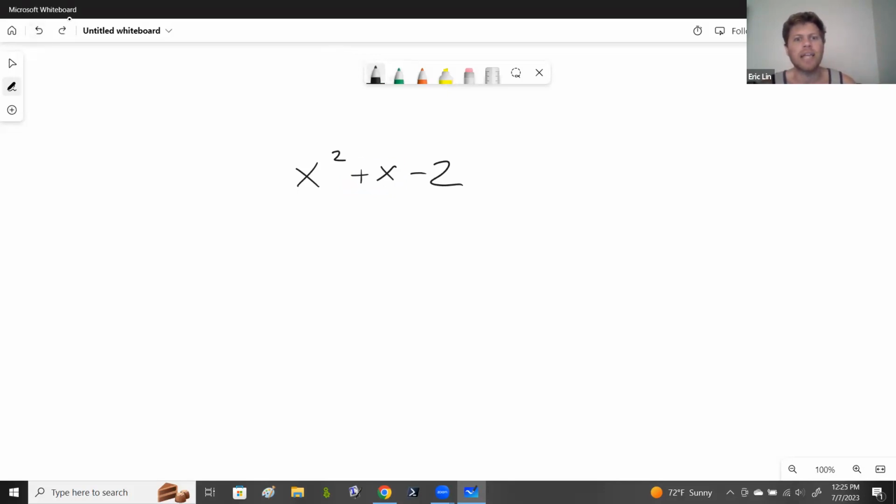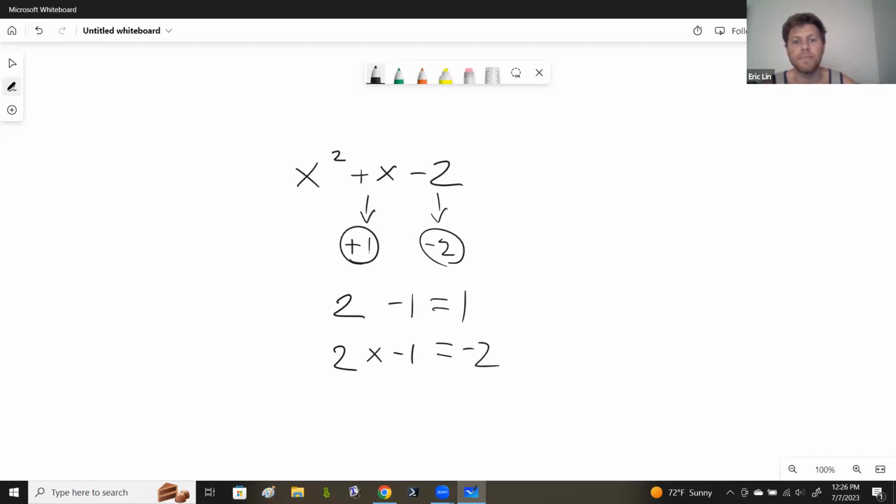So in this case, I ask myself, how do I add two things together to give me +1, but also multiply to give me -2? Well, in our case here, it is 2 and -1. So 2 minus 1 is +1. 2 times -1 is -2.